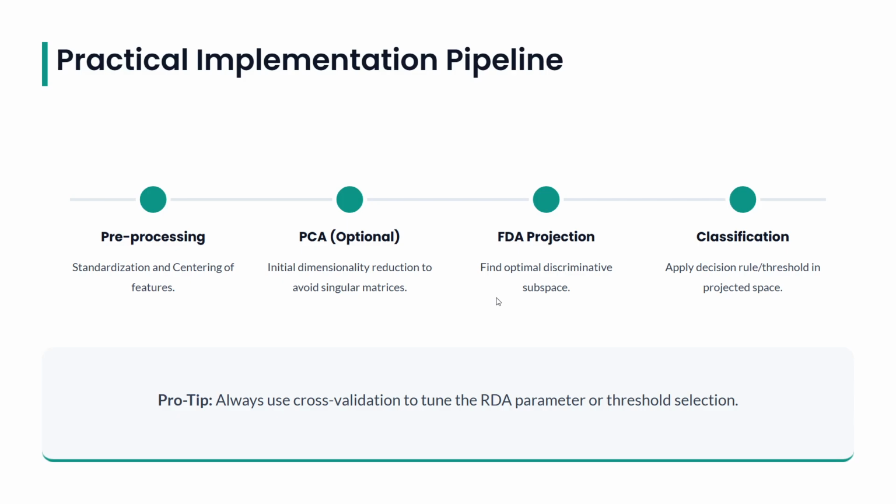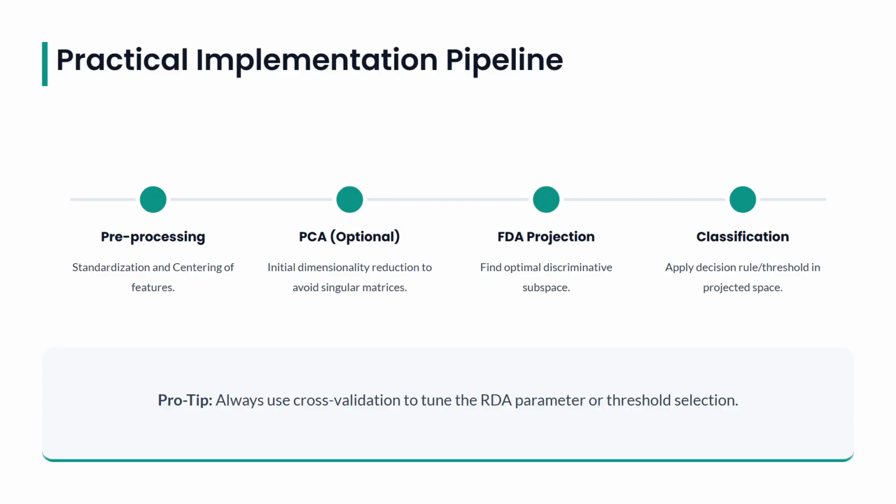Now, what is the practical implementation pipeline? First of all, we pre-process: standardize and center the features. Then we do PCA, which is optional. People do initial dimensionality reduction through PCA to avoid singular matrices. I guess you know about singular matrices.